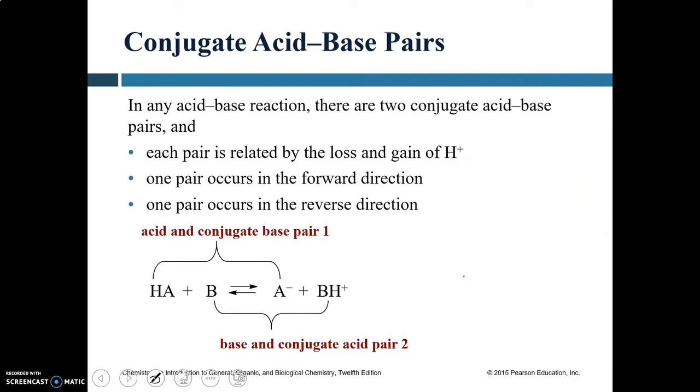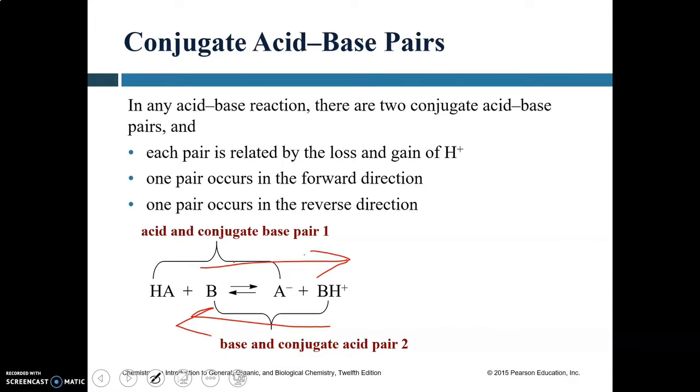So when acid and base react, there are two conjugate acid-base pairs formed. Each pair is related to the other by loss and gain of hydrogen ion. One conjugate base forms in the forward reaction direction and another in the reverse direction.